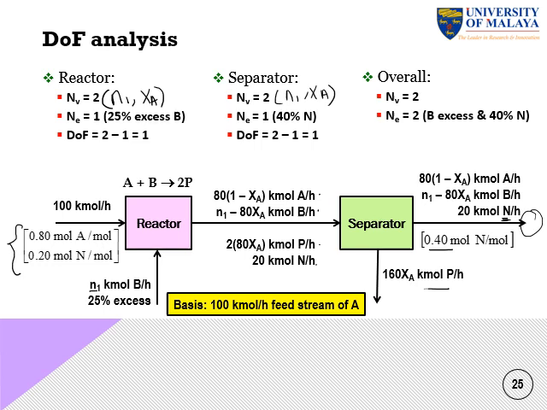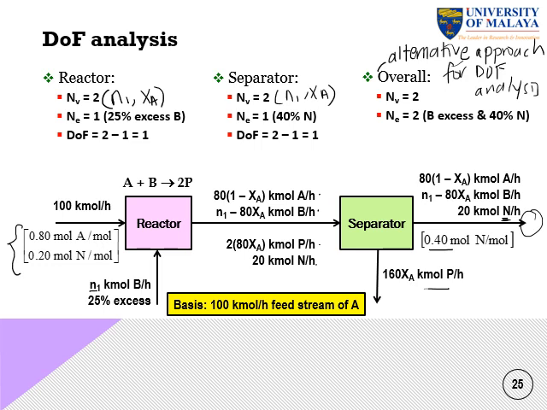If you look at the overall, here overall doesn't mean the overall control volume. This is using an alternative approach. You just look at the overall stream approach for DOF analysis.